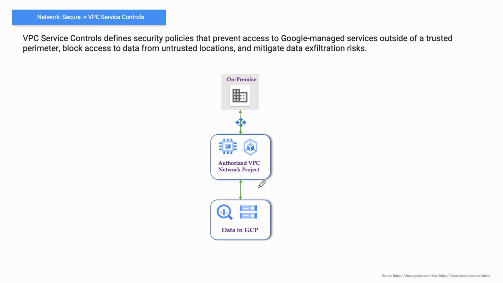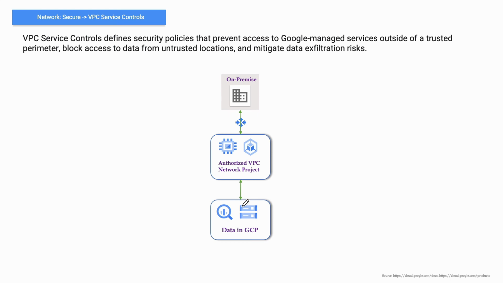Then this particular project also needs to access its data, which could be hosted on cloud storage or BigQuery, which are API based systems. So you have authorized VPC network, and then you have data residing on API based services on GCP.